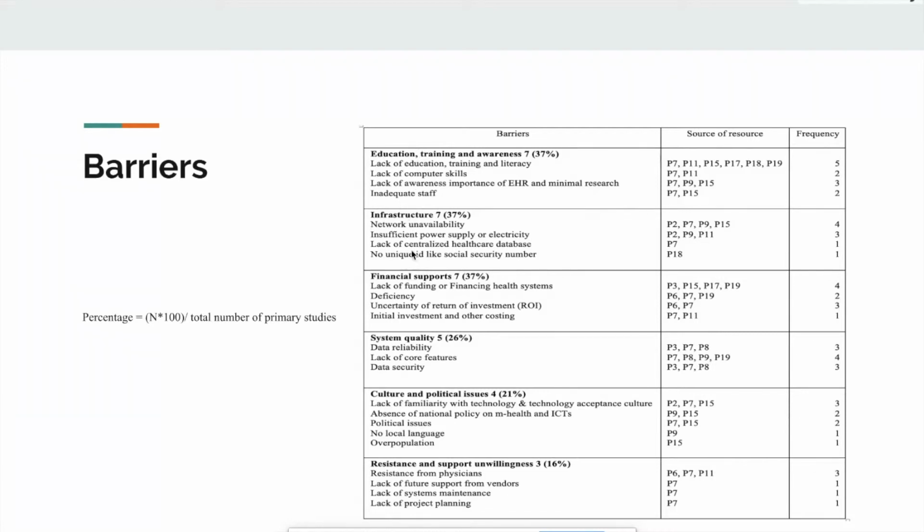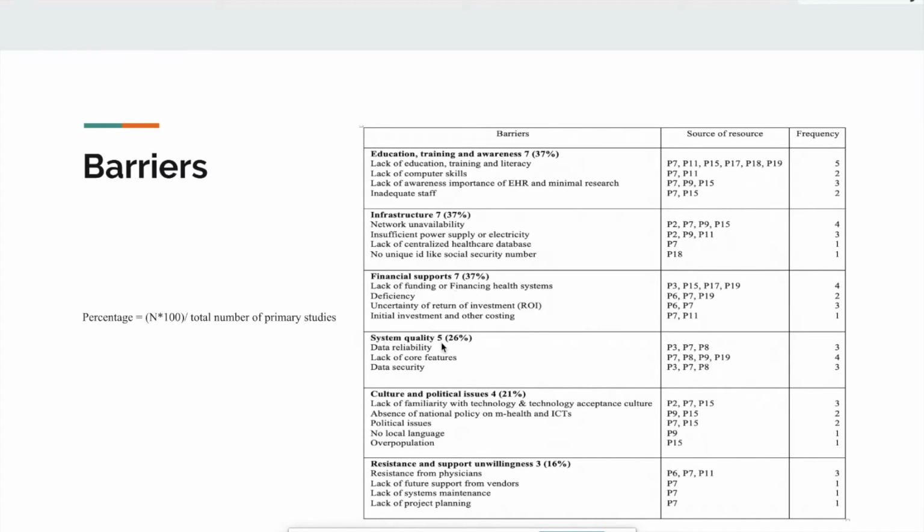These are the categories. The first category is education, training and awareness. Under this category there are 4 barriers. The second category is infrastructure, and the third one is financial support.